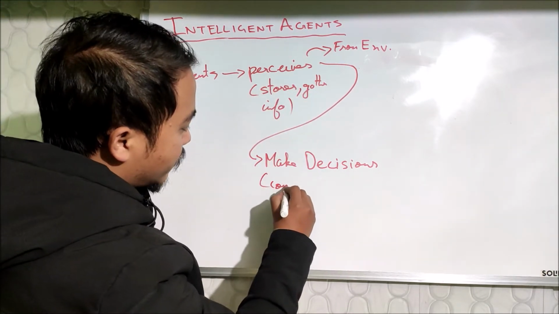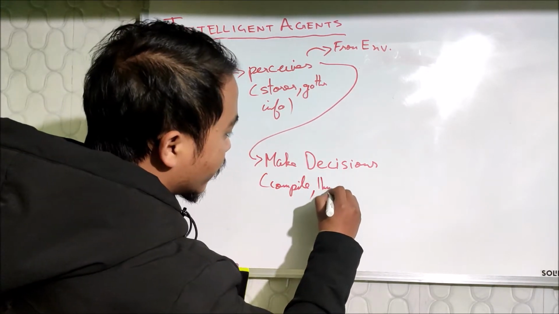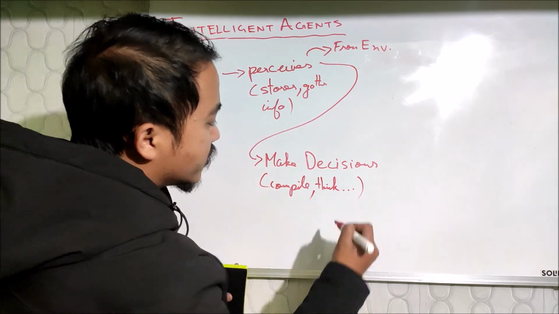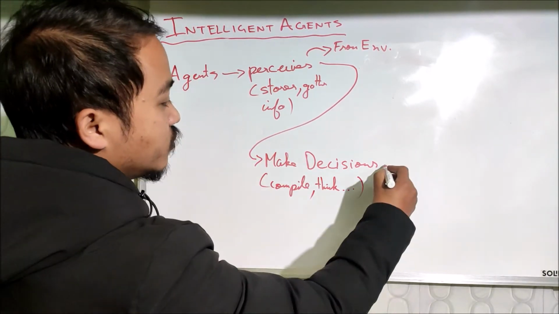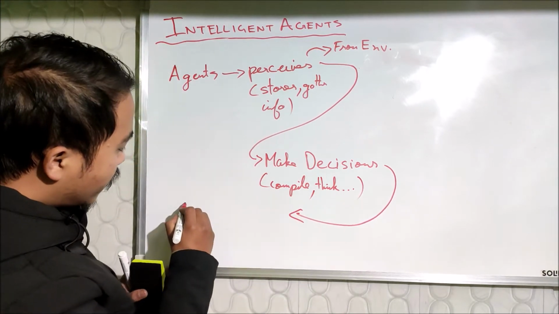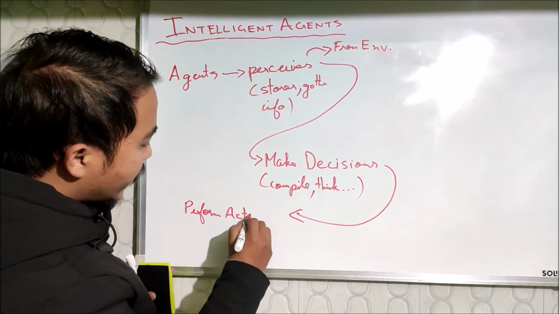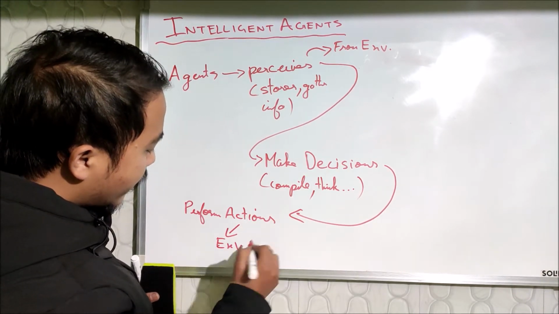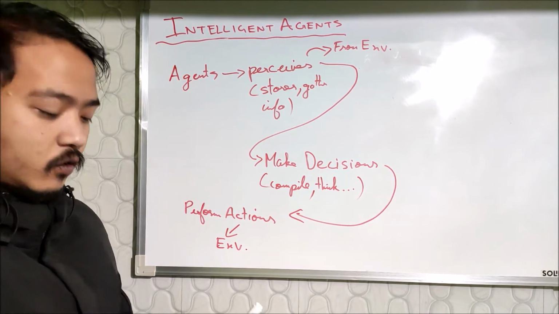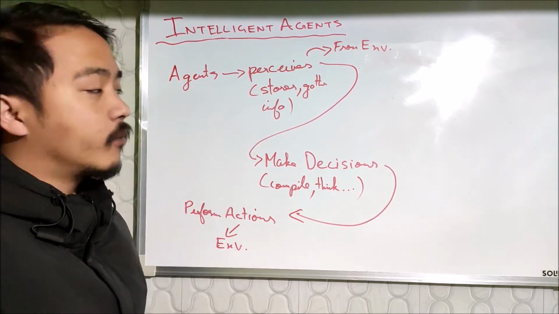It maybe compiles, thinks, all these things, makes decisions, and on the basis of these decisions, what does it do? It performs an action back into the environment. So these are the operations an agent performs.